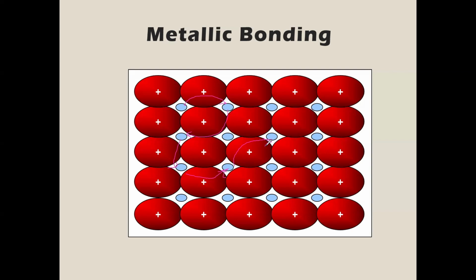That is why metals have their properties, like high melting point, conduction of electricity and heat, and the solid shape of metals. That is simply how the metallic bond is formed.